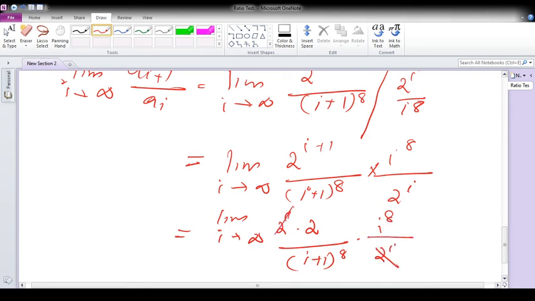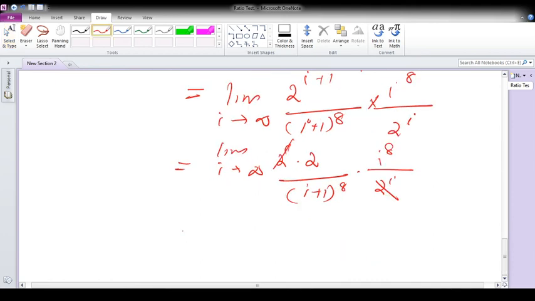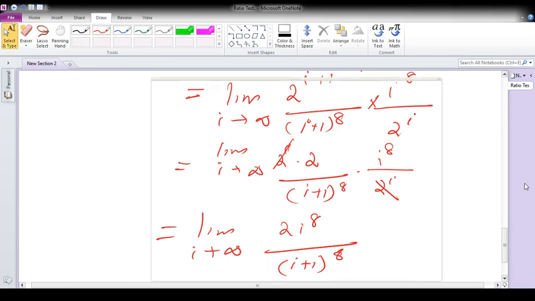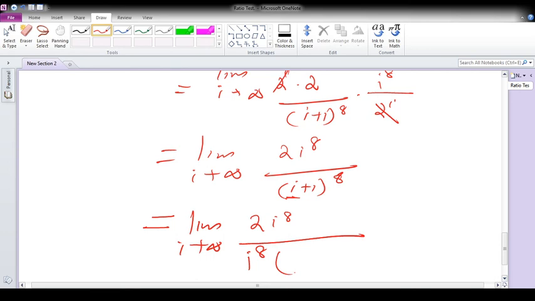Taking i power 8 outside, i power 8 and i power 8 cancel. So the limit as i tends to infinity is 2 by (1 plus 1 by i) whole power 8.